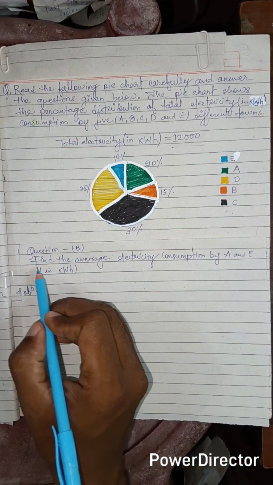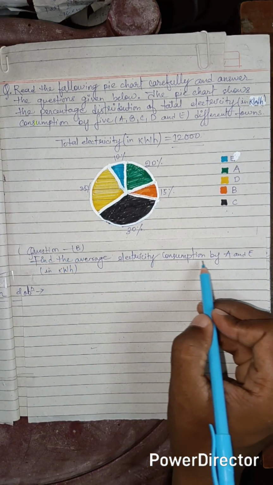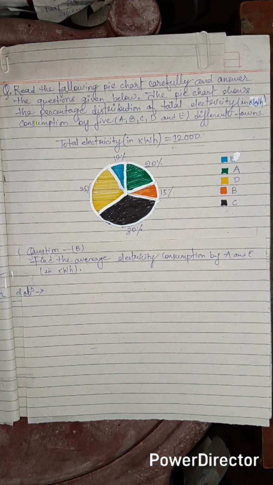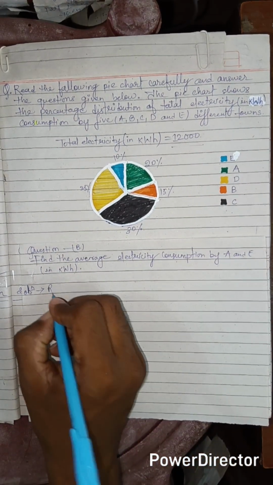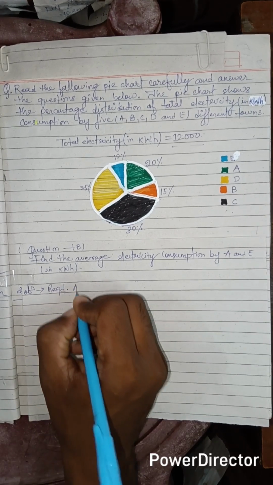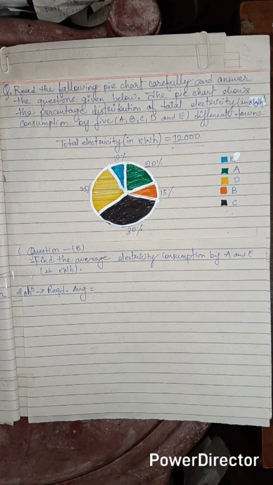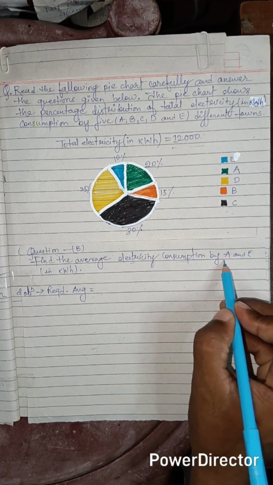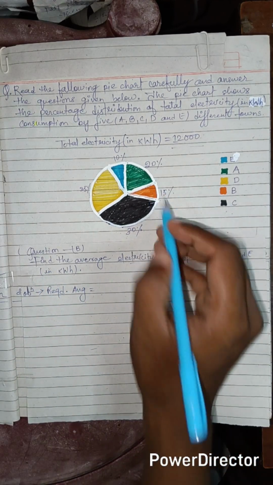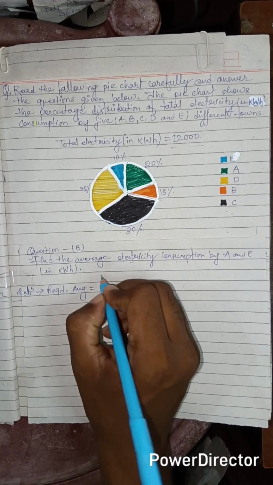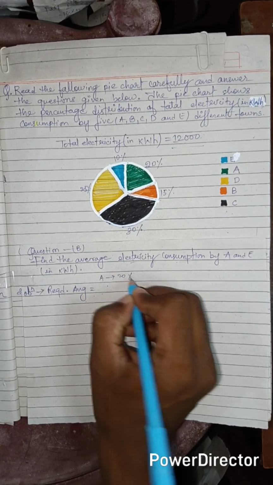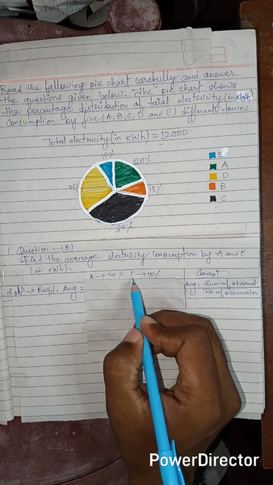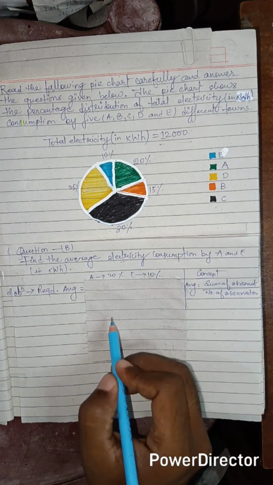The next question says: find the average electricity consumption by A and E in kilowatt hour. So the required average is equal to electricity consumption by A, which is 20%, and for E the value is 10%.